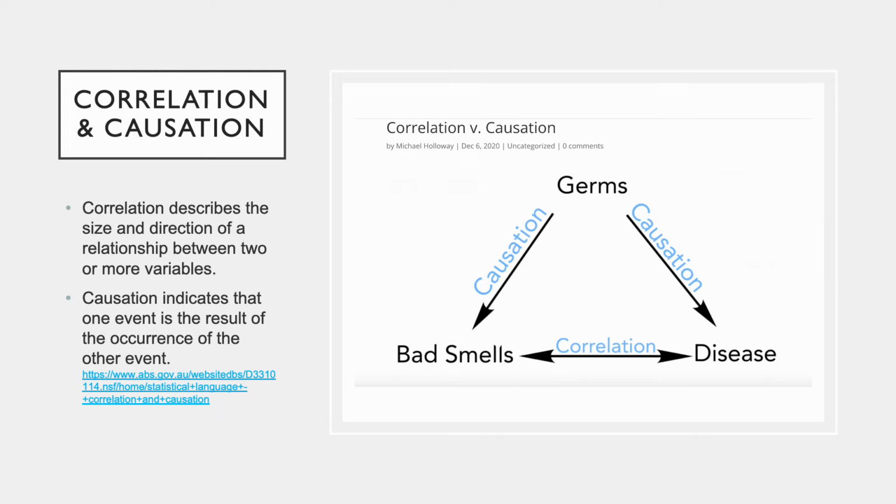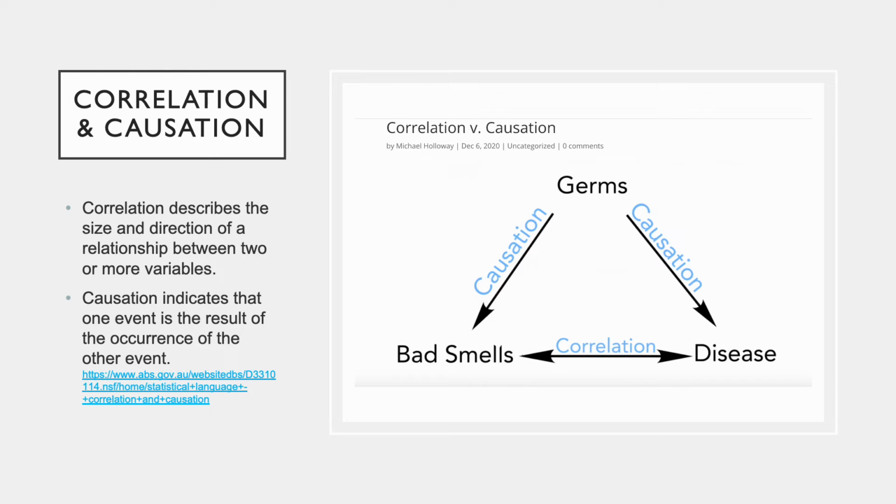So remember, correlation describes the size and direction of a relationship between two or more variables. Causation indicates that one event is the result of the occurrence of the other event. I provided you another graphic which is interesting, and there was this belief that hundreds of years ago that bad smells caused disease.